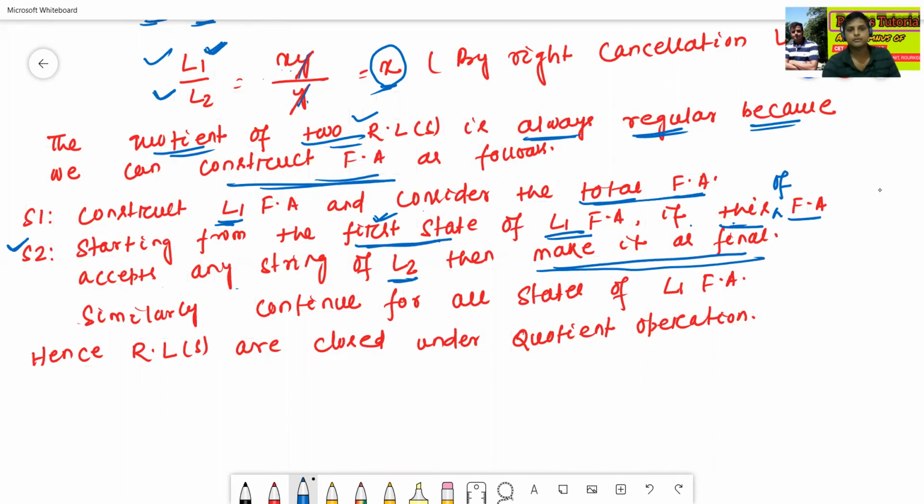Similarly, continue in the second step for all states of L1 finite automata.